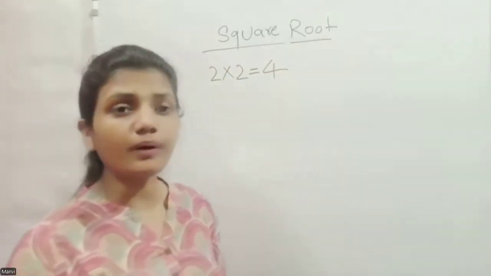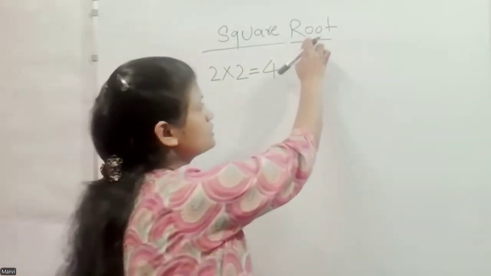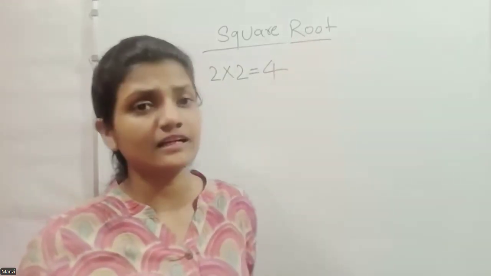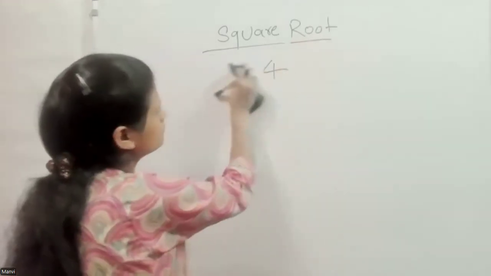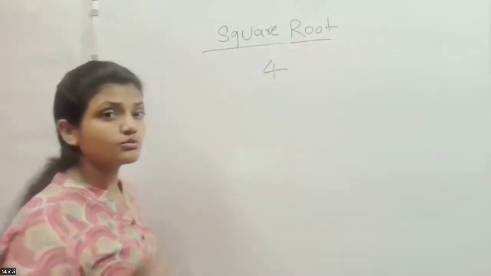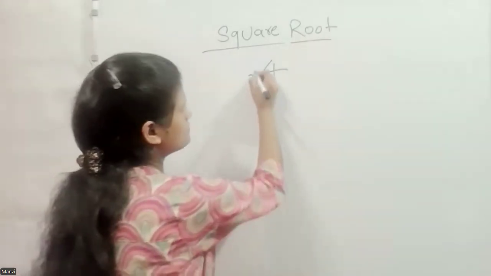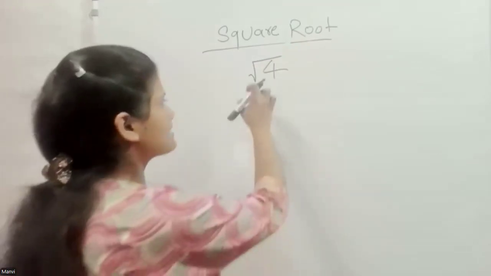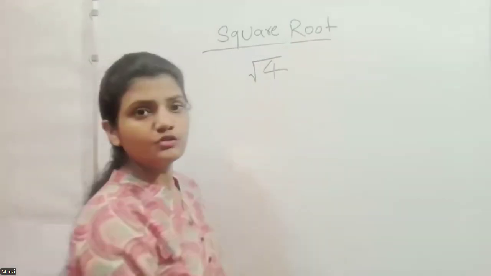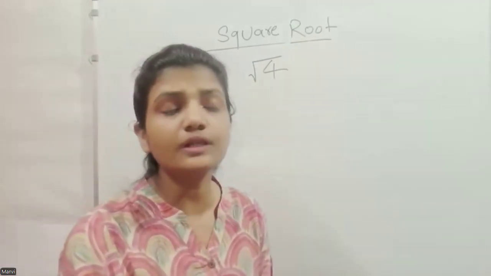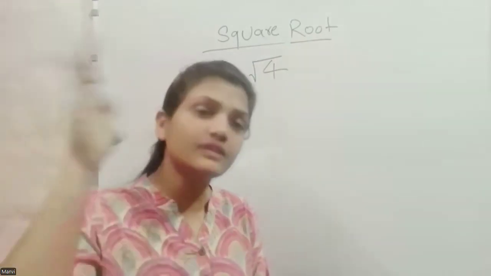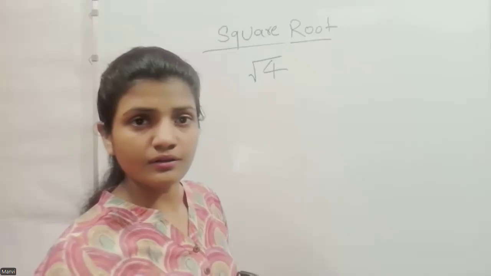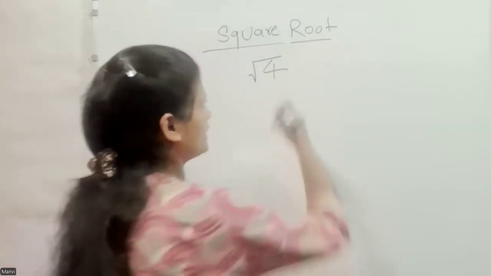But if we talk about square root, it asks what number we multiply by itself so that we get, say, 4. And square root is denoted like this way.